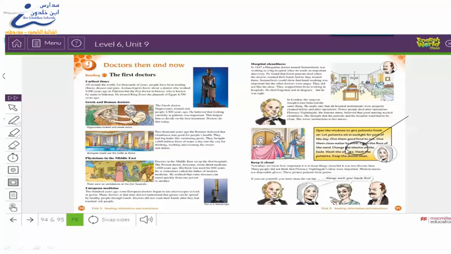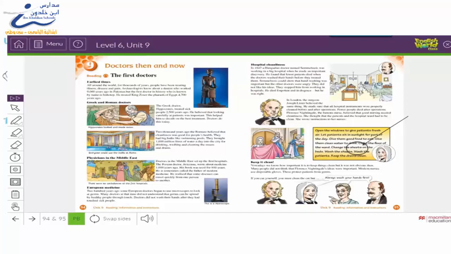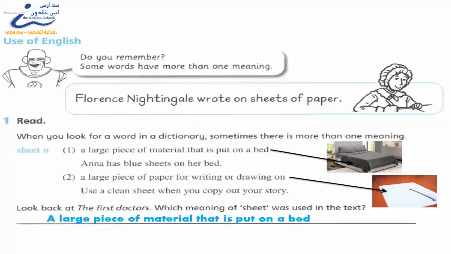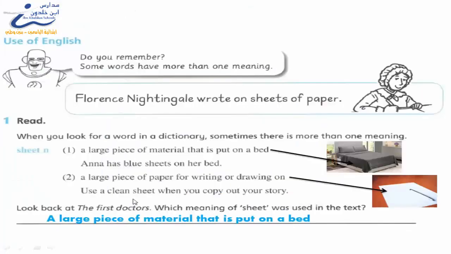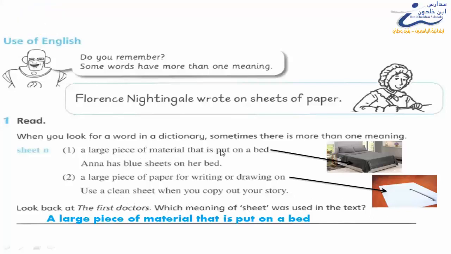Can you remember the meaning of the word here? Yeah, a large piece of material that's put on a bed. So it is used in the first meaning, a large piece of material that is put on a bed.